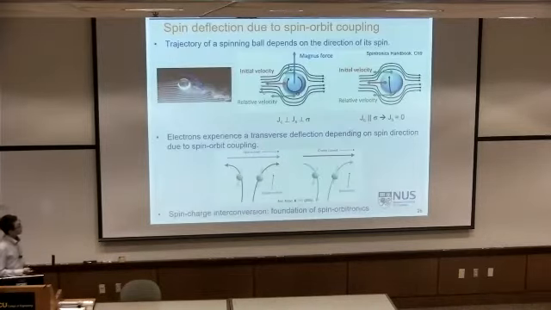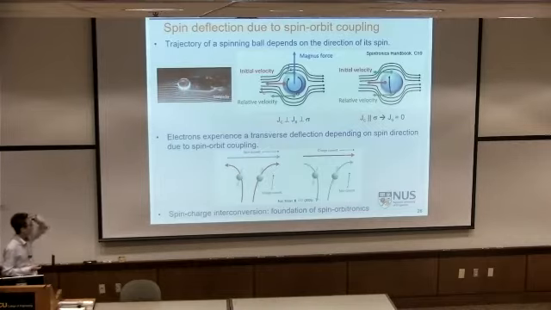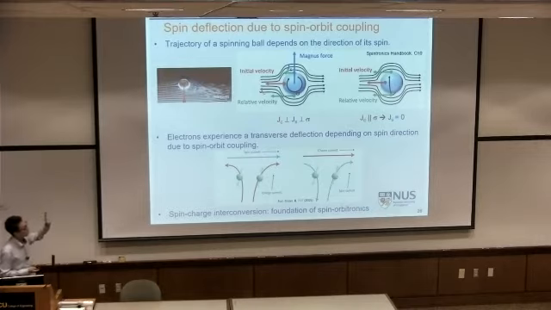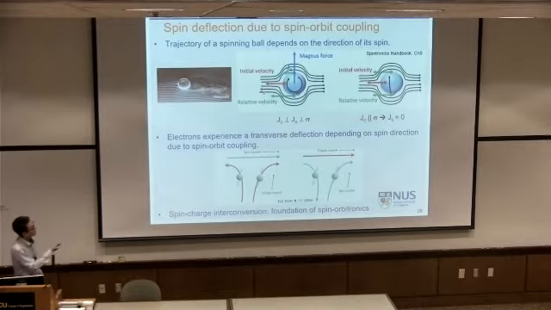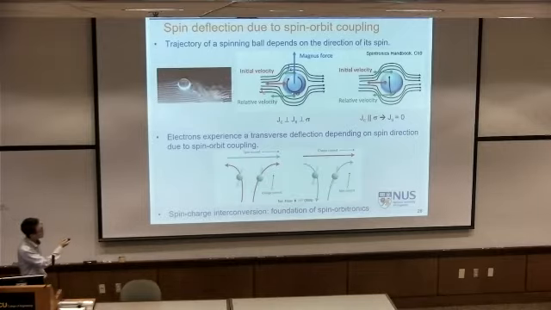So as Professor Lee explained what is spin orbit coupling, probably I don't need to show, but typically this is the slide I show to first year graduate students, to easily understand. If you have a rotating ball, and initially this ball is moving in this direction, but if you look at the relative velocity at this point and this point, you have a different relative velocity because of spinning, and this ball will deflect in this direction because of this rotation.